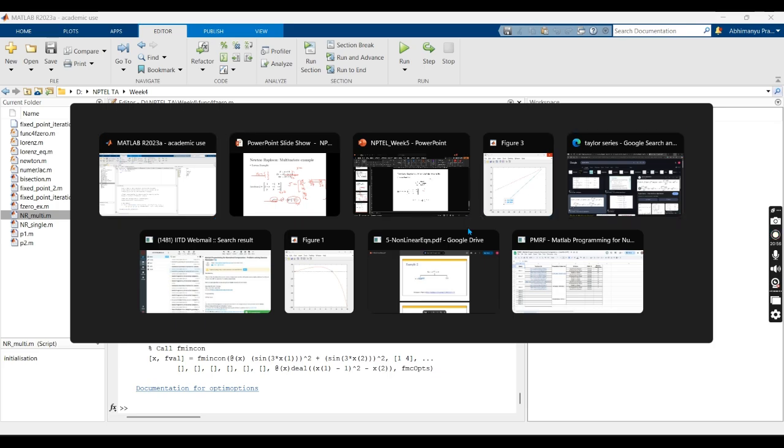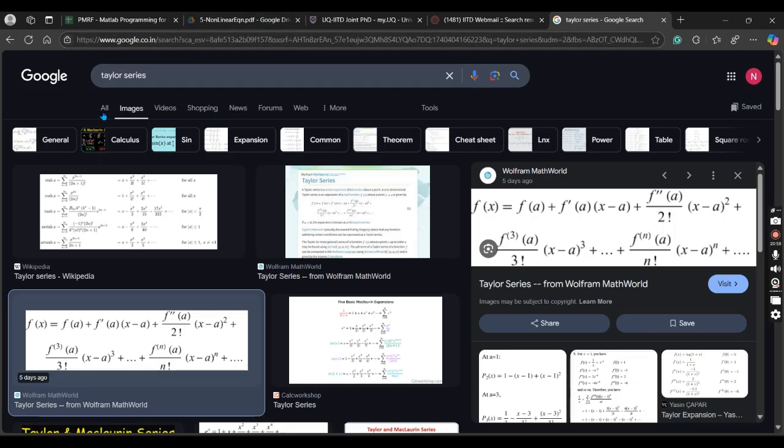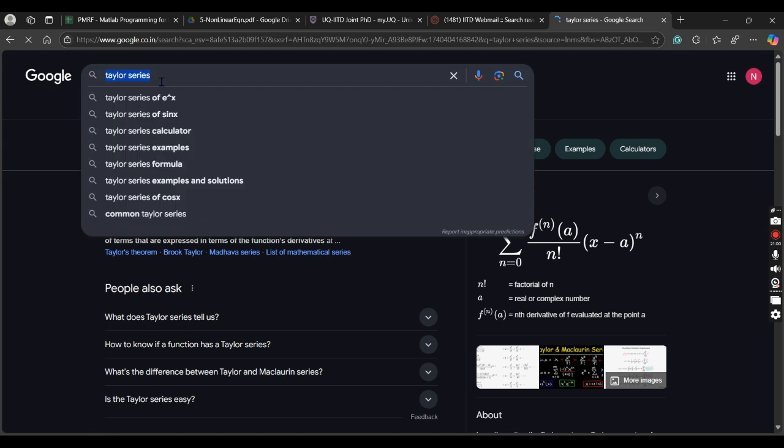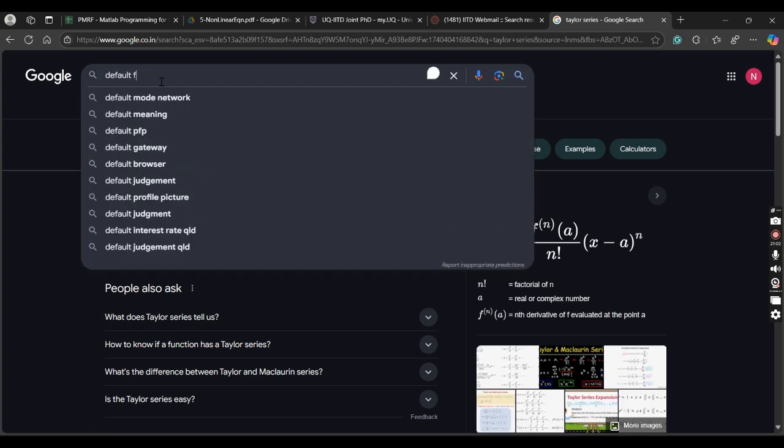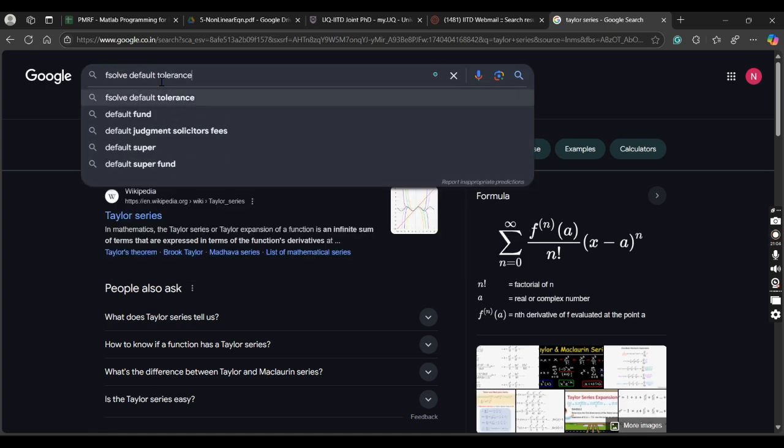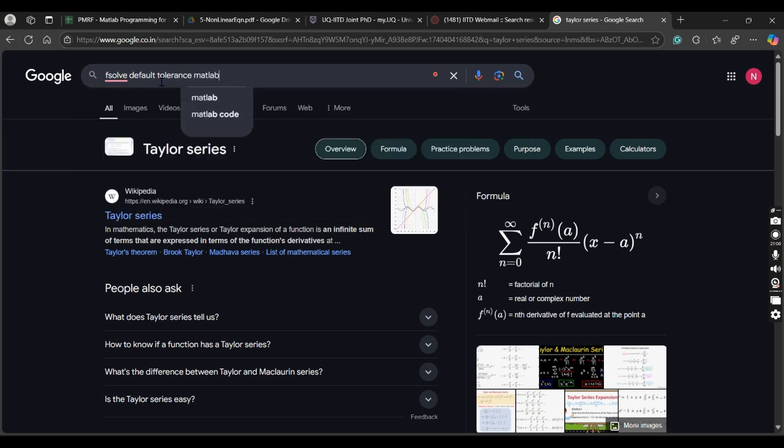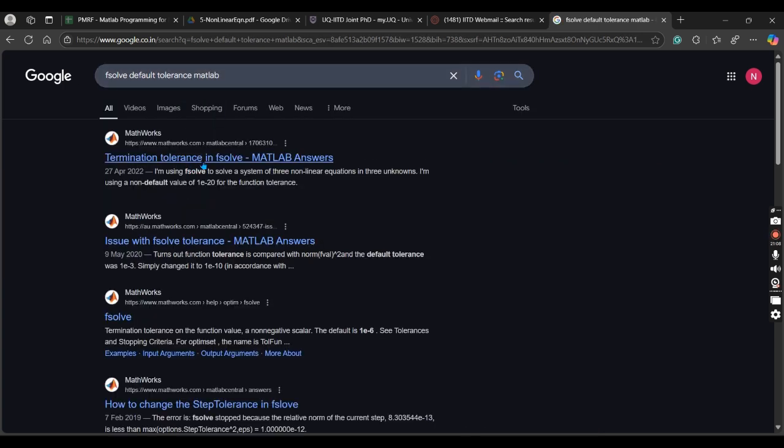Let me just go to Google. Yeah, so the default is 1e minus 6. We can change it based on our requirements.